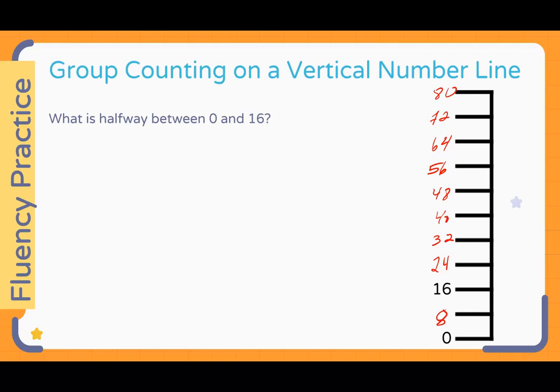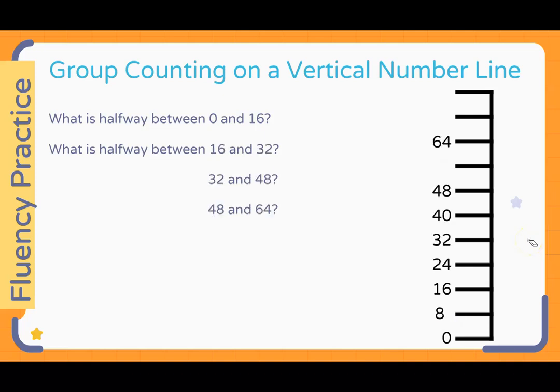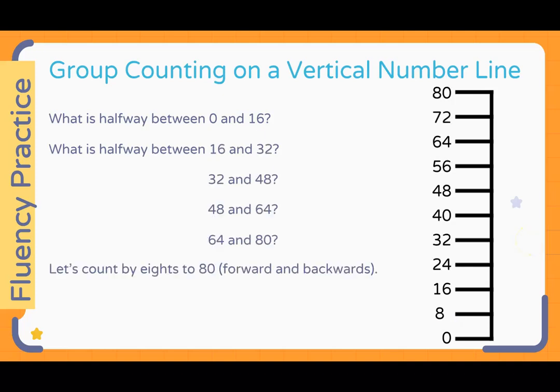They asked what was halfway between 0 and 16, so that's how we would know. There's a 0, then we have the line, and then 16. The line represents halfway between 0 and 16, so it would be 8. If you need to pause it to write down what you need to write down, go ahead.